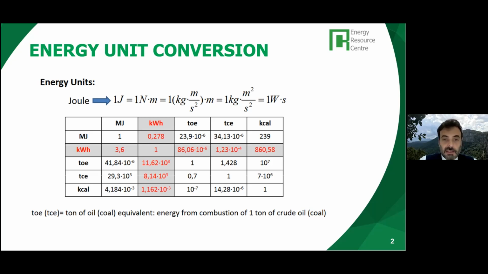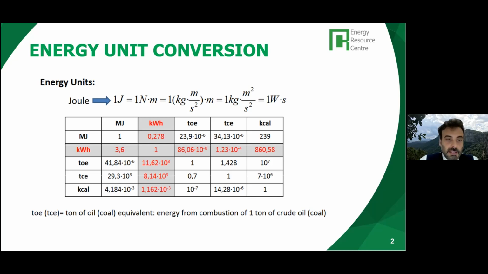In this slide you can see the different conversion factors to transform joules, or megajoules in this case, to kilowatt hours. That's a very practical reference. For every kilowatt hour we have 3.6 megajoules.